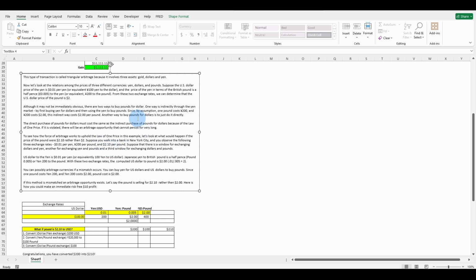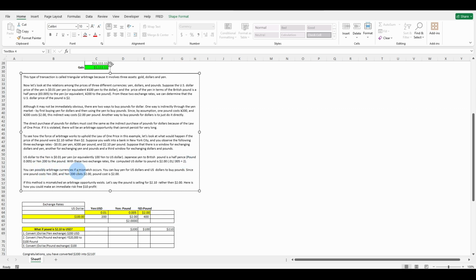Suppose that there is a window for exchanging dollars and yen, another for exchanging yen and pounds, and a third window for exchanging dollars and pounds. US dollar to yen is 0.01 per yen, or 100 yen to the US dollar. Yen to British pound is half a pence, 0.005 pounds, or 200 yen to the pound. With these two exchange rates, the computed US dollar to pound is $2. 0.01 divided by 0.005 is equal to 2.